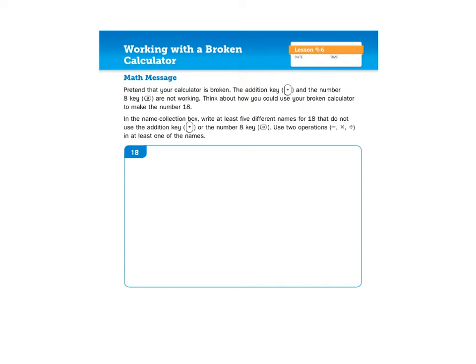Okay, so I'm going to go ahead and write a couple in, and then I want you to try to write 5 more. One way that I can make 18 without using the addition or the 8 key is I could write 9 times 2. That equals 18. What they mean by use 2 operations in at least one of the names is try doing 2 different things in the same number sentence.